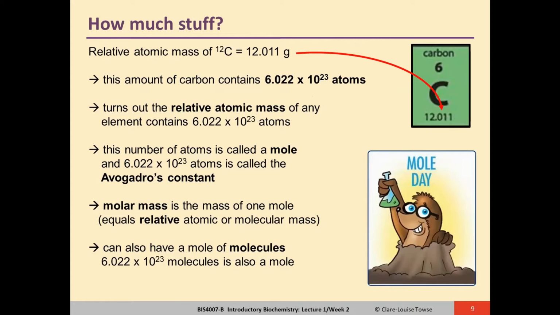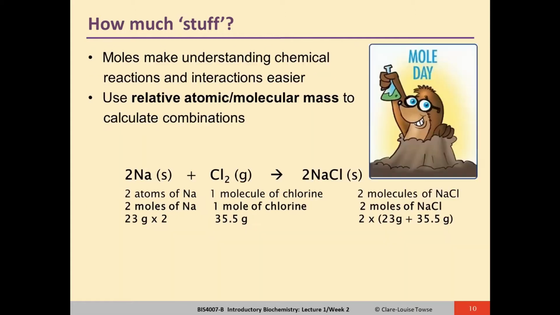Obviously, it would be more complex in some equations where you have to work out the mole a different way, and then the last question would be, what is the number of particles? Here's an example. Moles make understanding chemical reactions and interactions easier. Use relative atomic mass or molecular mass to calculate combinations.